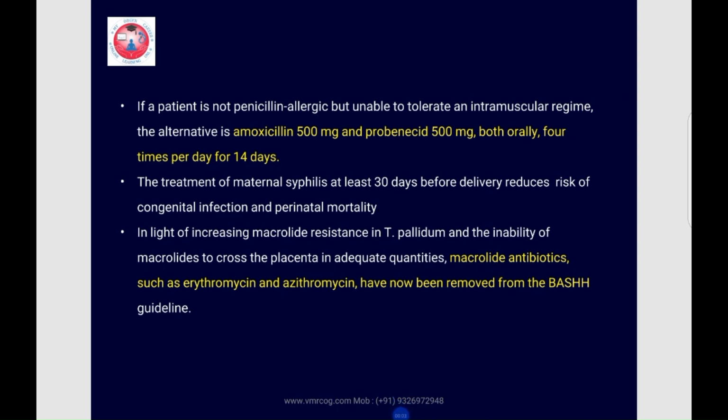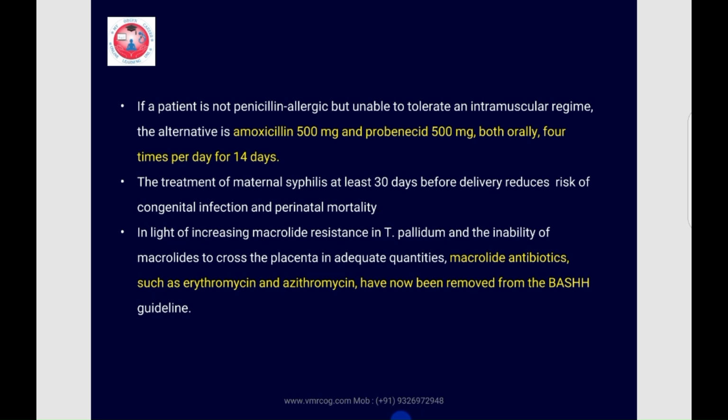Now you have a patient who is not allergic to penicillin but unable to tolerate the intramuscular regime. Something like a patient who has a needle phobia. They don't want intramuscular or injectables. So in that particular case, since the patient is not allergic to penicillin, we can use amoxicillin 500 milligram along with probenecid 500 milligram, both to be given orally 4 times a day for 14 days.